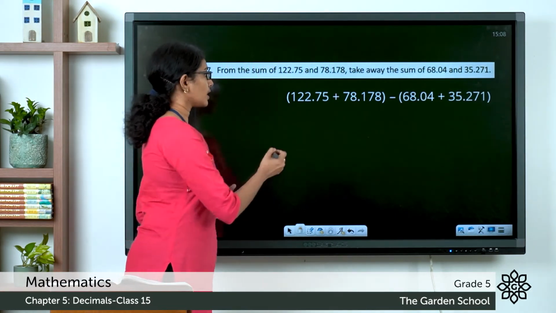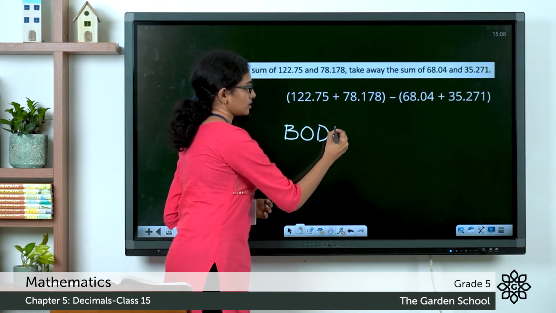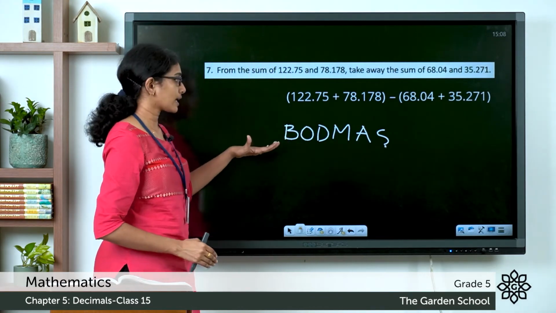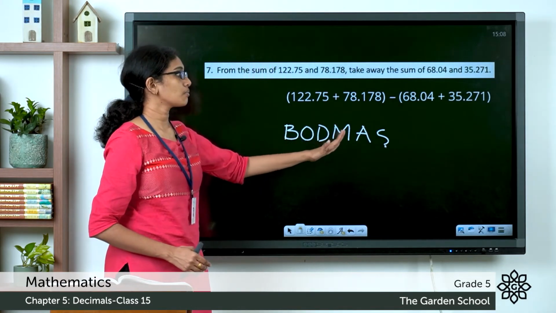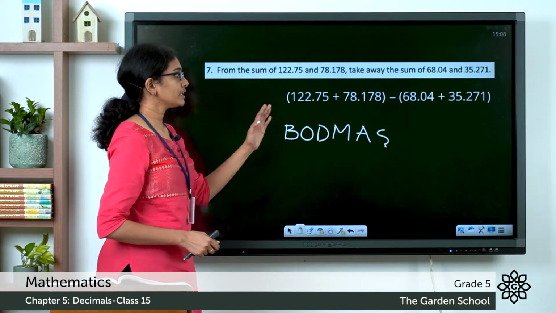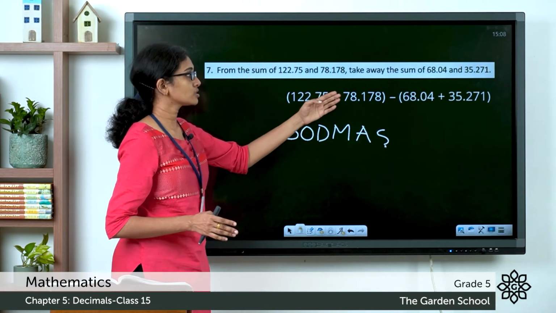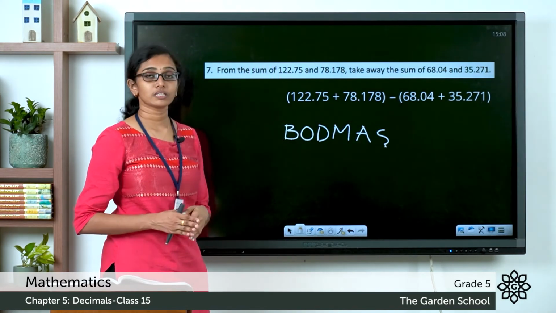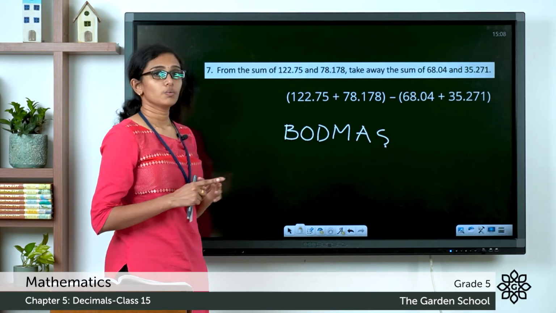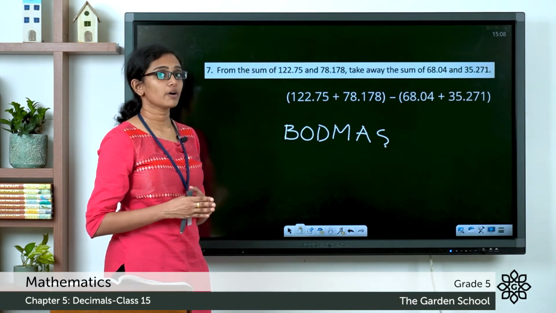So I hope you are aware of the rule called BODMAS. The BODMAS rule stands for brackets, orders, division, multiplication, addition and subtraction. It means that when different operations come in the same question, like here you have the addition and subtraction within the same question, which one would you do first? Whatever is given in the brackets should be done first. Then comes orders, which you will study about later.